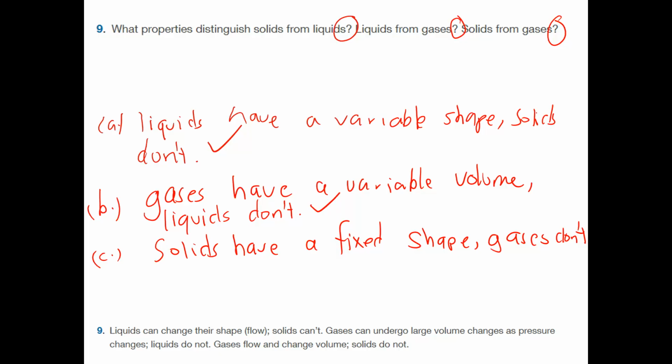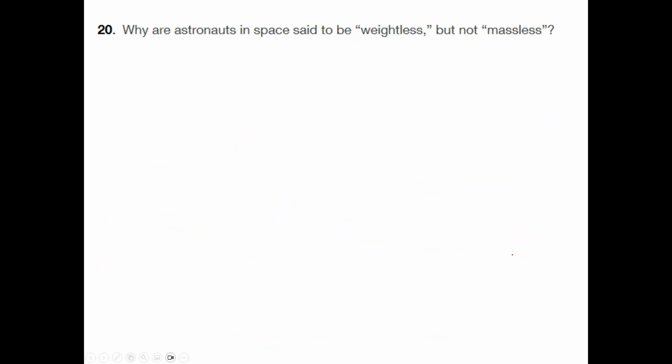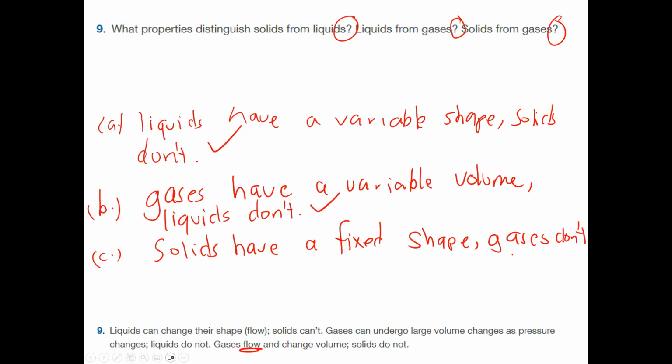And then finally, they said gases flow and change volume. Solids do not. And I picked a different way of tackling this problem. I said solids have a fixed shape, which I guess relates to flowing. Gases don't. So close to the same, but not quite. Anyway, I feel confident in those answers.